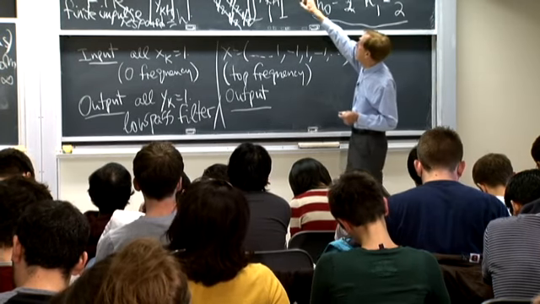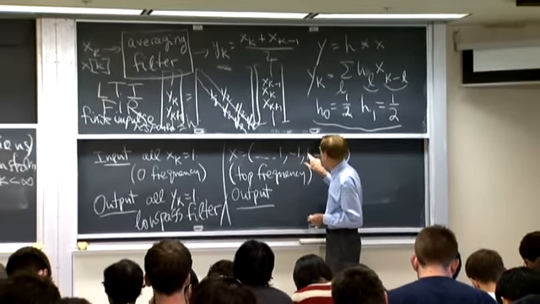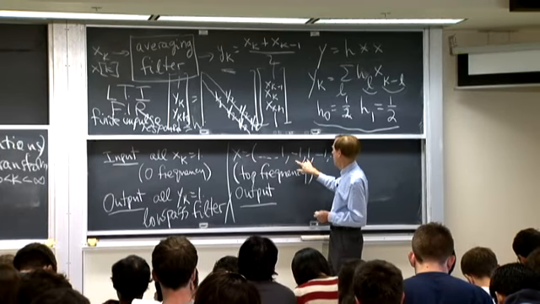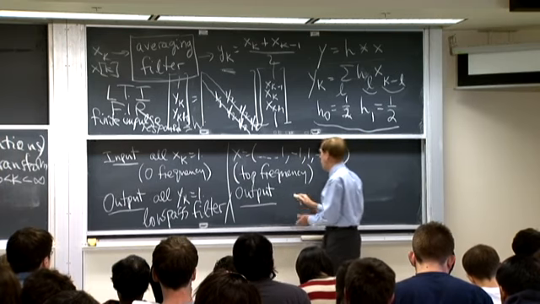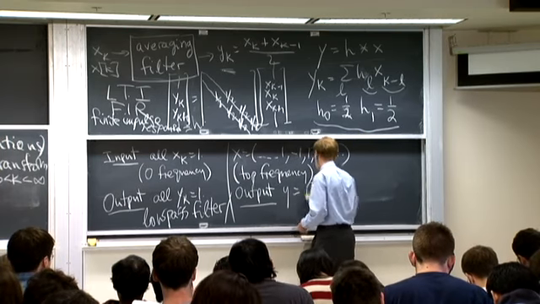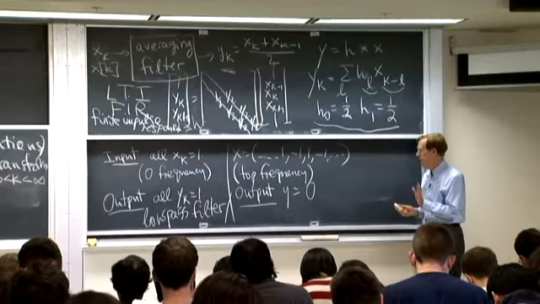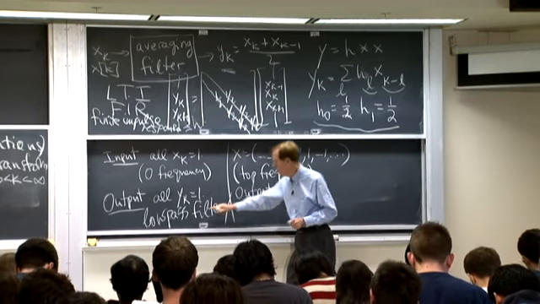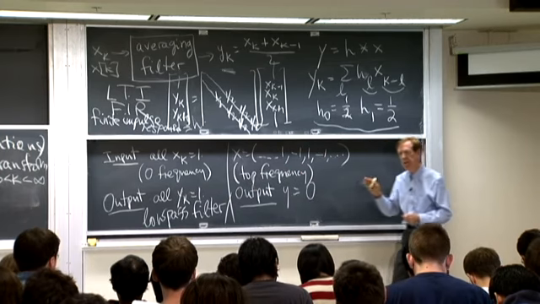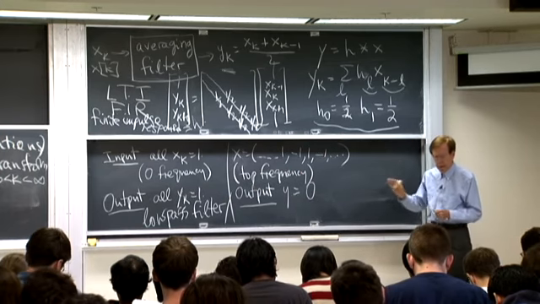At every step, I'm averaging this with the guy before, and they add to 0. Output is y equals all zeros. Okay. So that confirms in my mind that I have a low-pass filter. The high frequencies are getting wiped out.